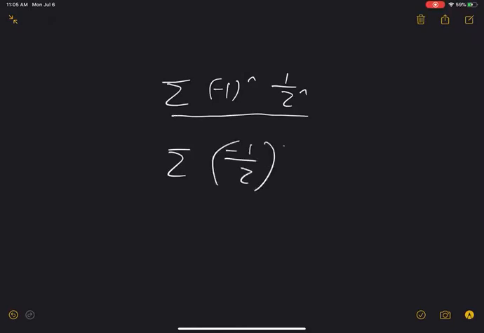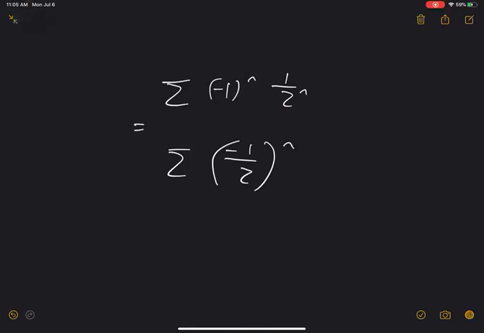We might also see something more compact, like instead of having the -1 out here by itself, a series like this, or maybe we have this kind of series. Instead of seeing it in this expanded form, we might just have something like this. These two series are the exact same.